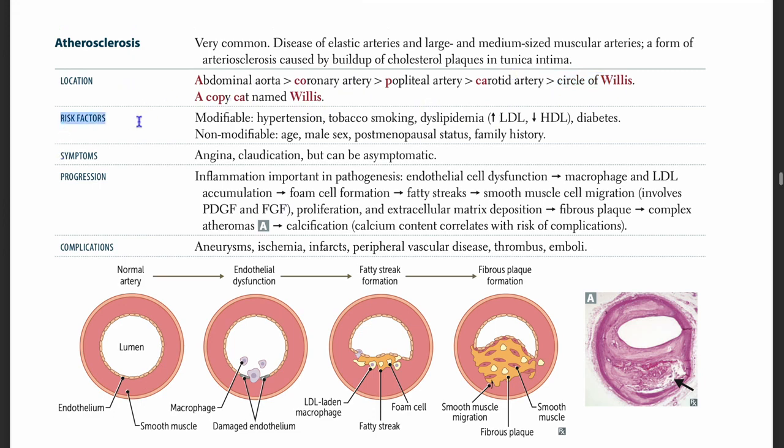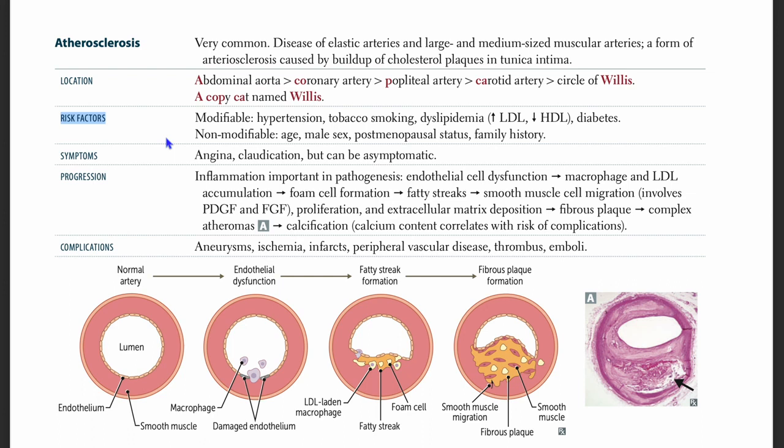Okay. Risk factors: modifiable hypertension. So modifiable ones are the ones you can take care of, right? So if you have atherosclerosis, you can take care of your hypertension, tobacco smoking, dyslipidemia, because it causes increase in LDL and decrease in HDL, and diabetes.